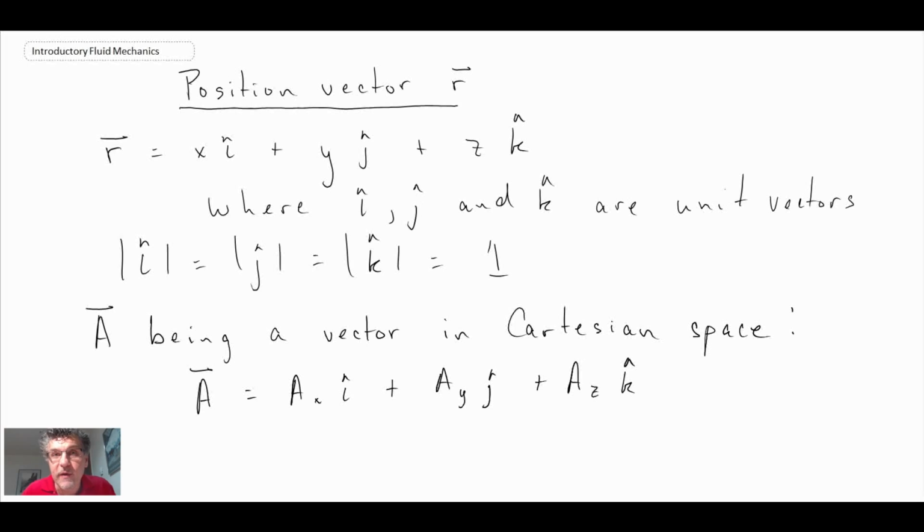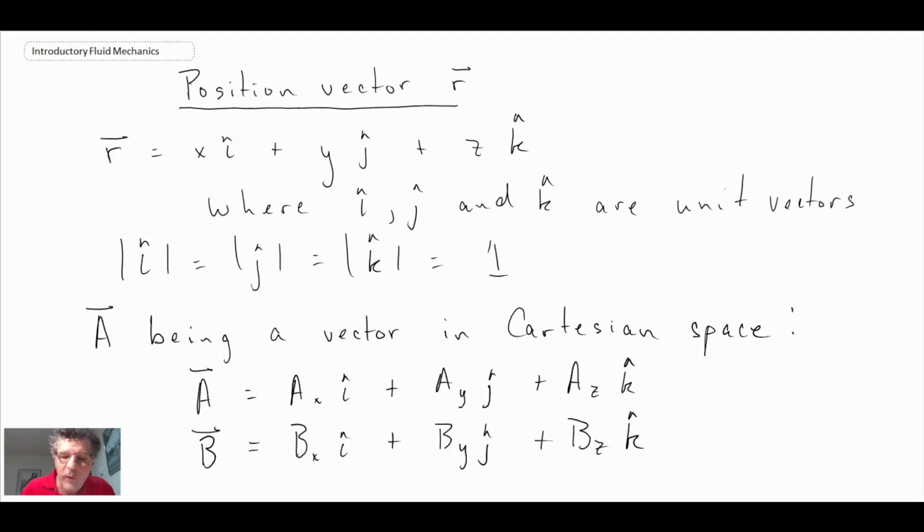And just to make it interesting, we'll introduce vector B because that will enable us to operate between A and B. And B would be defined in the following way. And these are just some arbitrary vectors that we're going to deal with.